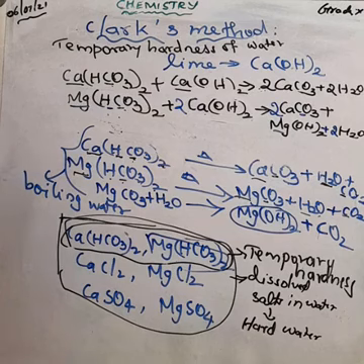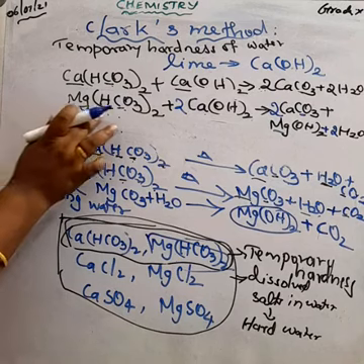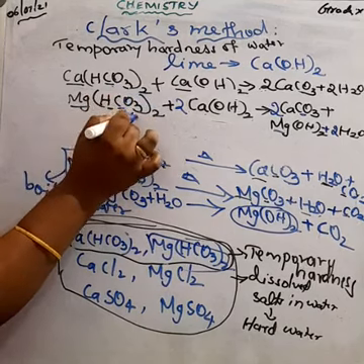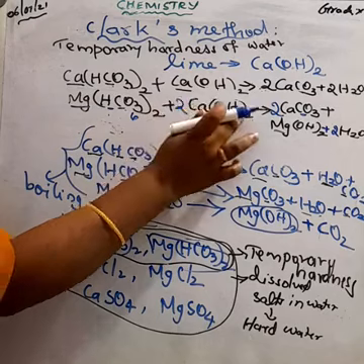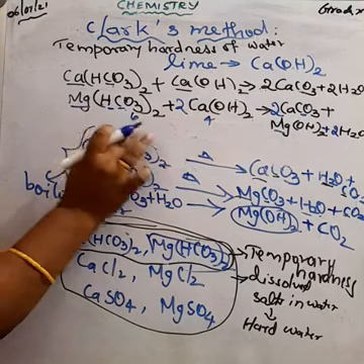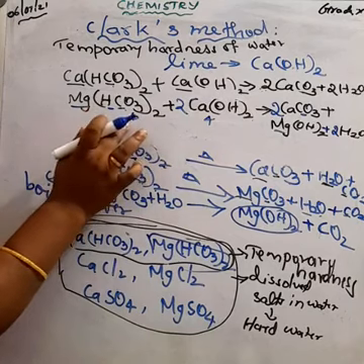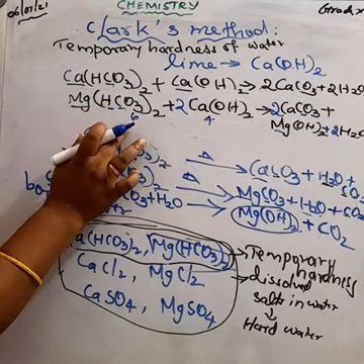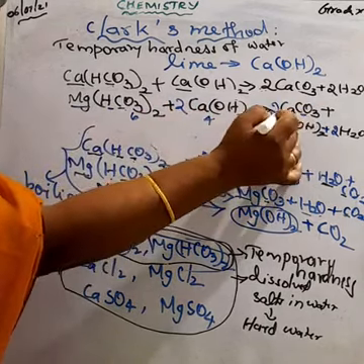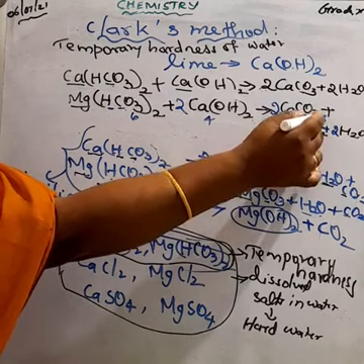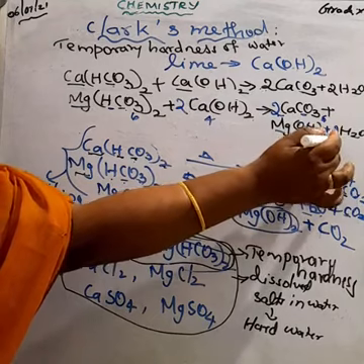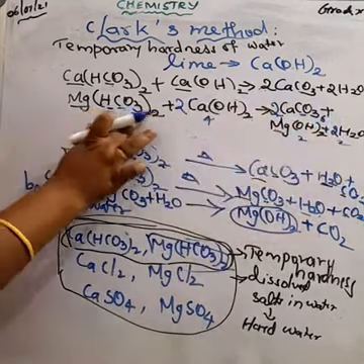How many oxygen atoms are here? 3 plus 2, 6, 6 plus 2, 8. 2 into 2 is 4 hydrogen atoms. 3 twos are 6, 6 plus 4, totally 10 oxygen atoms. Here how many oxygen atoms? 2 threes are 6, 6 plus 2, 8, 8 plus 2, 10. Now the oxygen atoms are balanced.